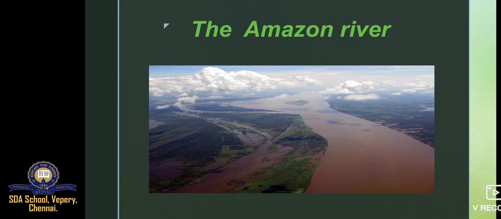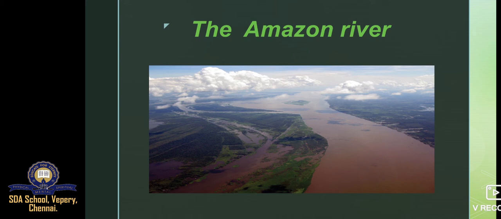See what a wonderful river the Amazon is. It carries more than 2 lakh cubic meters of water every second into the Atlantic Ocean. The Amazon River originates from the snow-capped regions of the Andes Mountains in Peru.